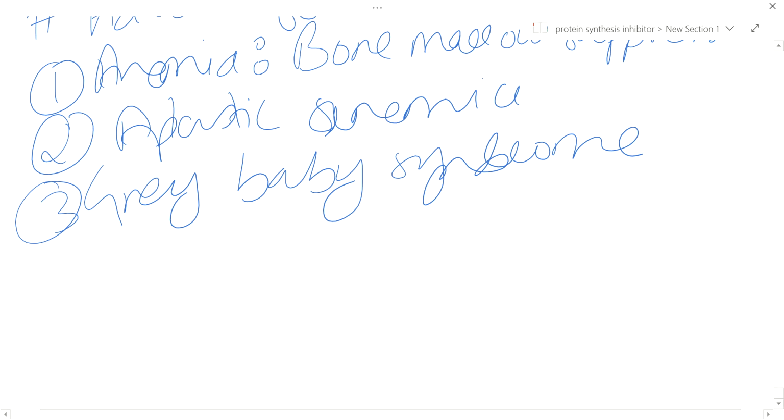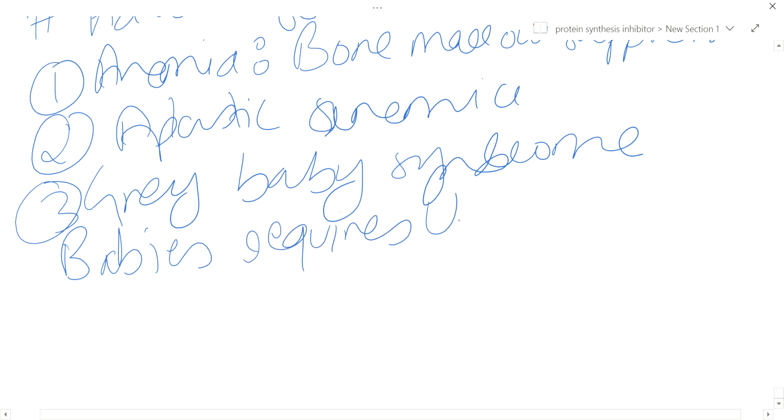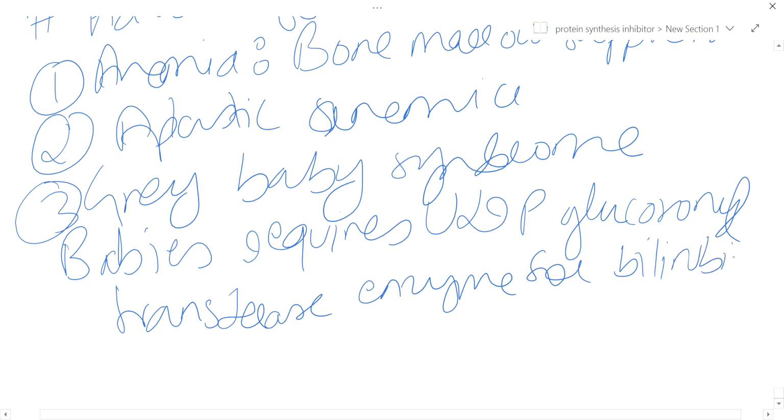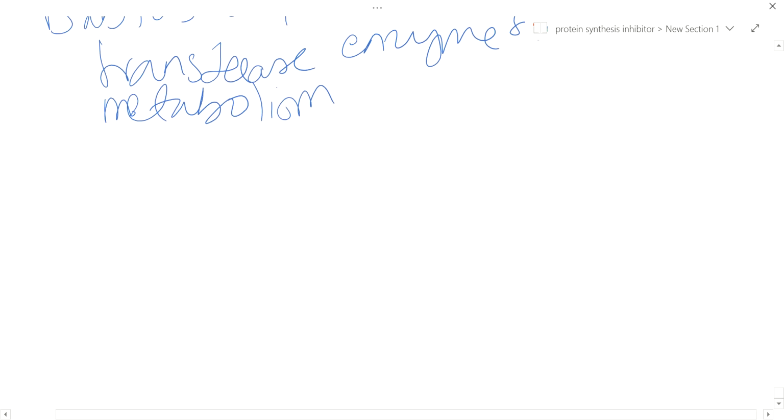We all know that newborns require the enzyme UDP glucuronyl transferase for bilirubin metabolism.